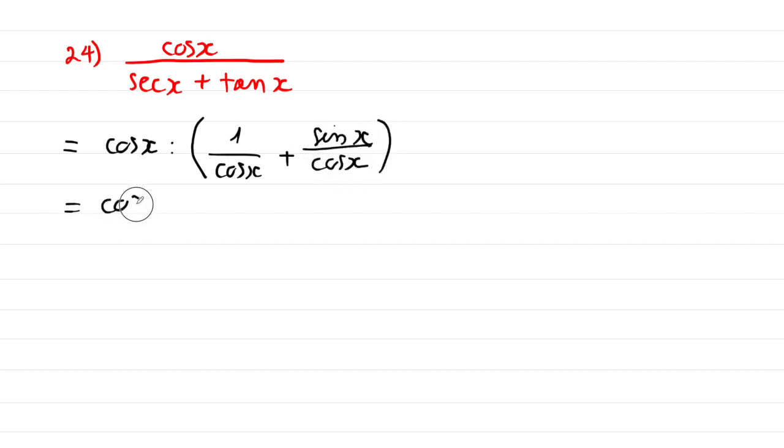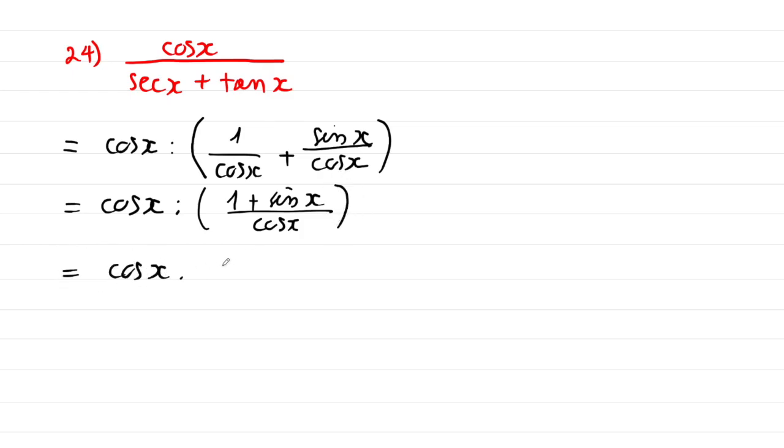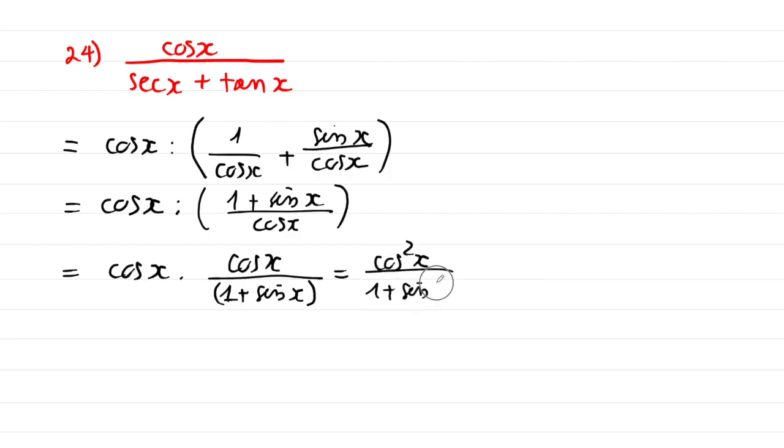So this is cos multiplied by 1 plus sine x divided by cos. Cos x times cos x divided by 1 plus sine. And you will have here equal to cos square divided by 1 plus sine x.